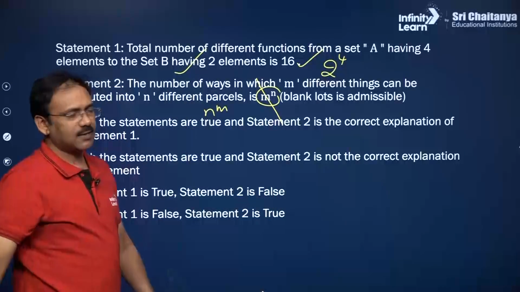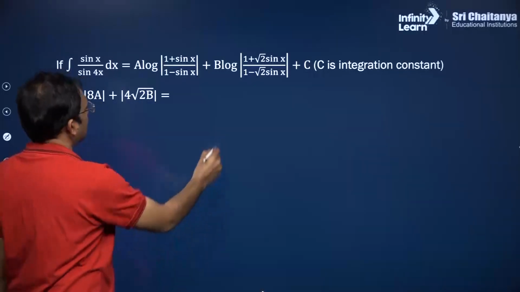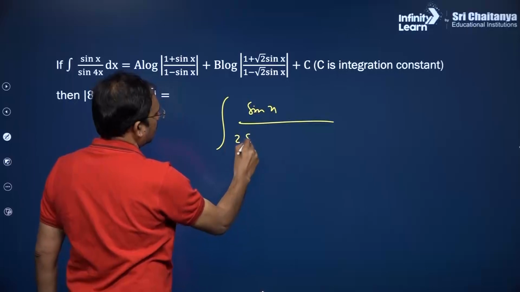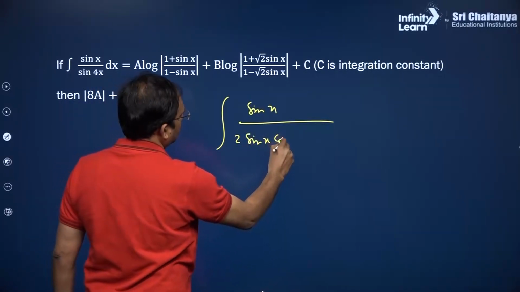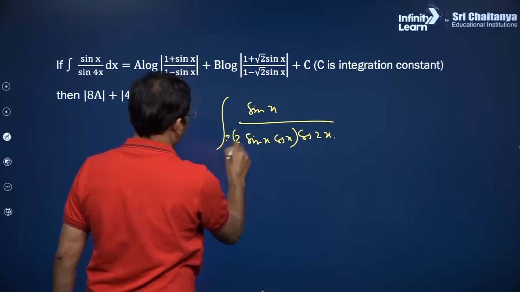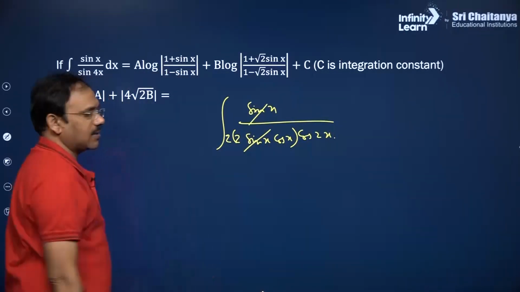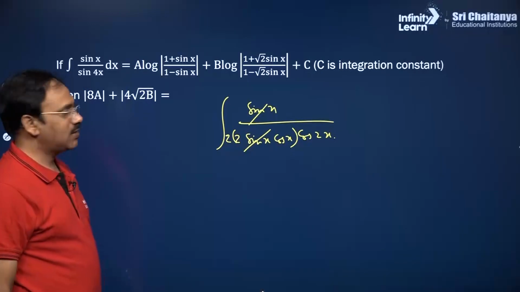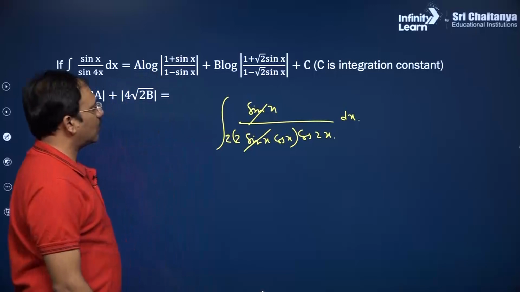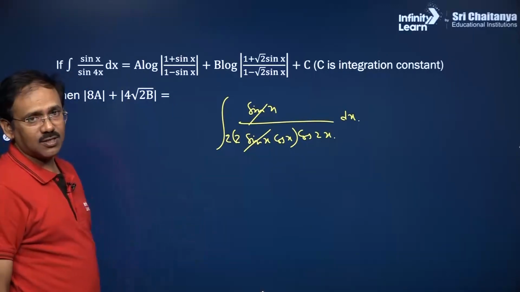Next, you see in this integral, my dear friends, sin x by sin 4x, you can write sin 4x as 2 sin 2x cos 2x, and sin 2x as 2 sin x cos x. You can cancel sin x. So in this stage, you can take sin x as t, since the complete question is in terms of sin x.